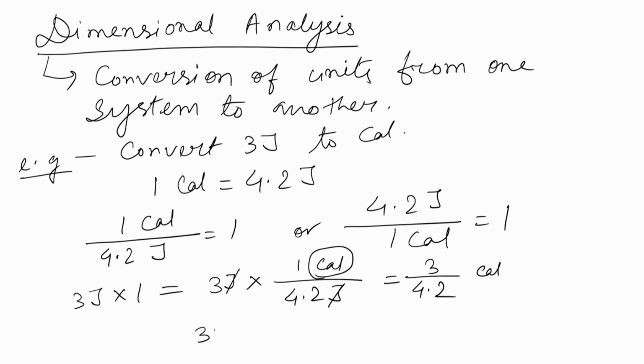So we get the answer as 3 joules equal to 0.714 calories, or we can write 0.7 calories. Okay. So this is dimensional analysis to convert units from one system to another.